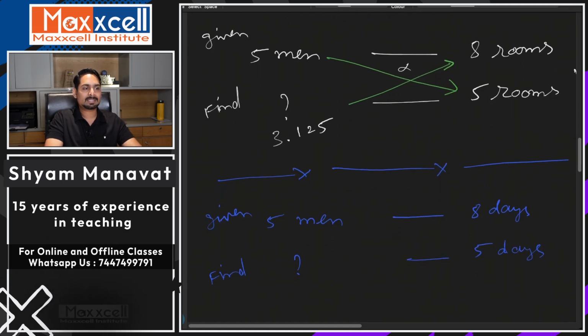So time has reduced. You need to think, is it directly proportional? If the time reduces to do the same work, do you require more people or fewer people to work on it? Of course, if you have less time, you need more people to work on it, right?